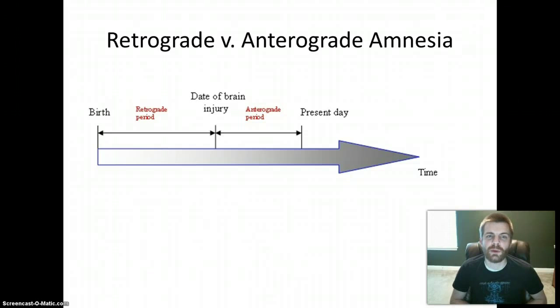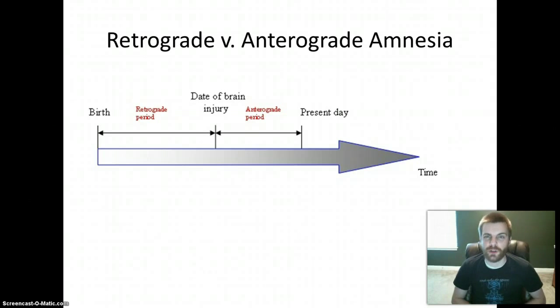Another confusing pair with memories is retrograde versus anterograde amnesia. A good example of this is thinking about the movie 50 First Dates, which you may or may not have watched in your AP Psychology class. Retrograde amnesia and anterograde amnesia are both types of organic amnesia that are a result of basically head trauma or injury. When you have retrograde amnesia, it means that you are waking up out of a coma, essentially with complete memory loss of your former identity.